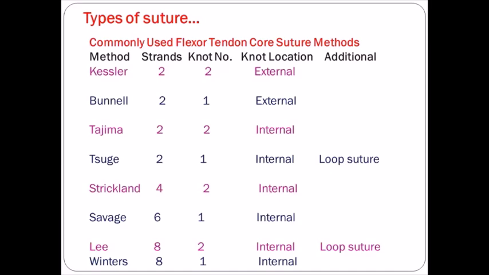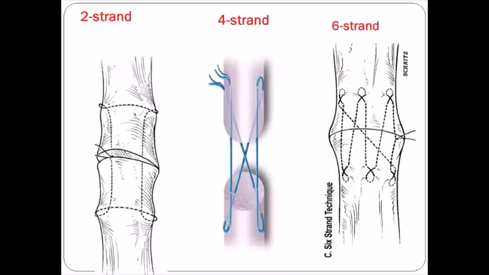But there are some complications also that we will talk about later, which suture is probably better for rehabilitation. Here you can see 2-strand suture, then 4-strand suture, then 6-strand suture.